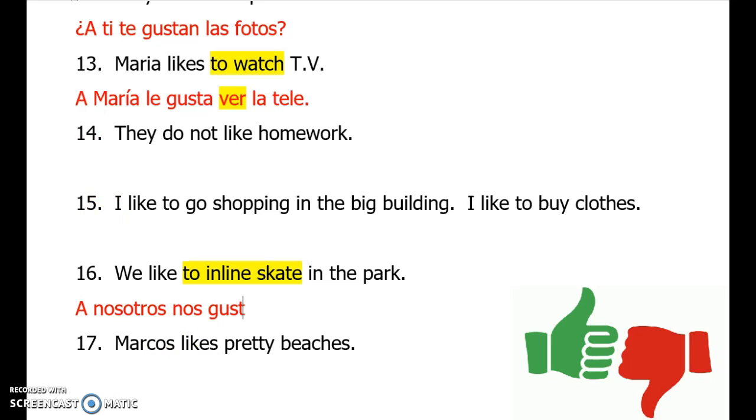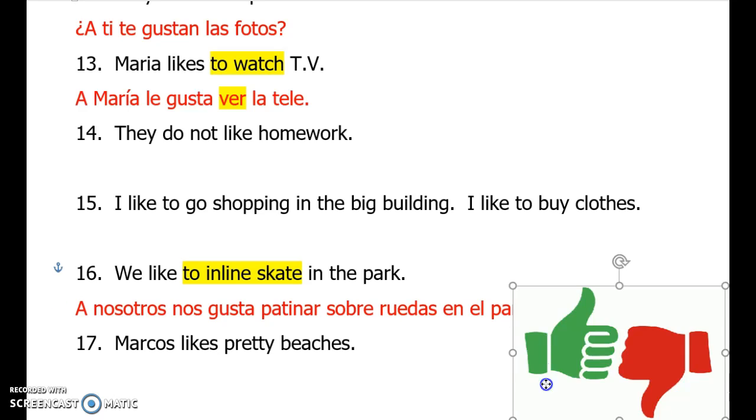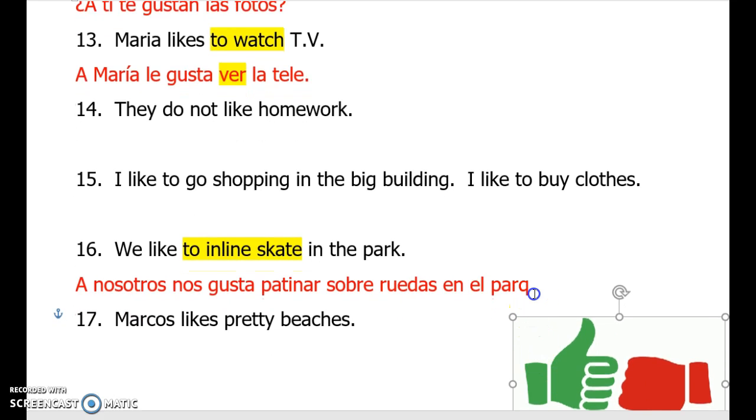So we're going to stick with gusta. Inline skate, patinar sobre ruedas. And let's go on with the rest of your sentence. En el parque. Oh, my picture's in the way. We're just going to move it out of the way. It's okay. All right, so there's a general idea.